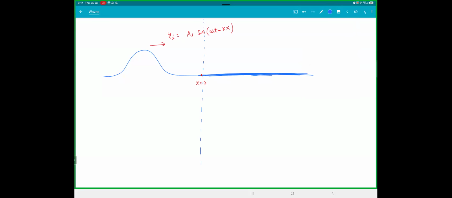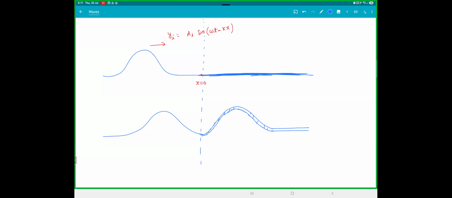Now when this pulse is hitting the intersection, remember you suddenly won't reverse. It will take time. As this incident pulse is hitting the intersection, at the same time you get a reflected pulse and a transmitted pulse. So as you're hitting here, two pulses are being generated at the same time. I'm assuming it is up only.